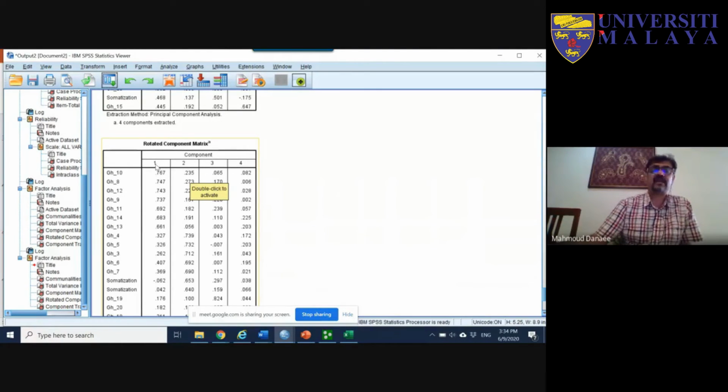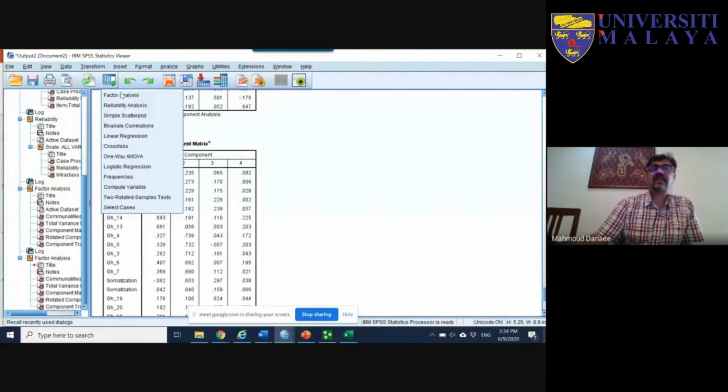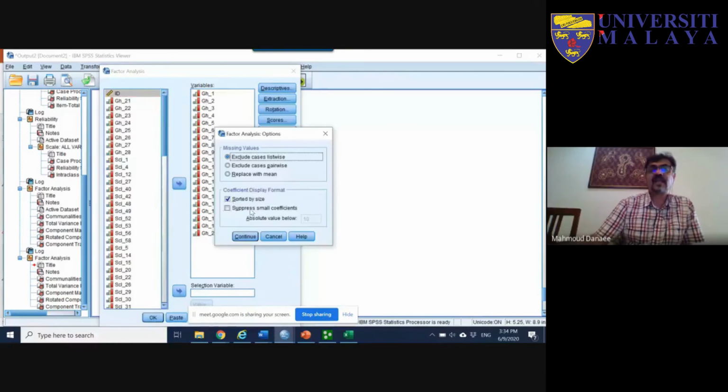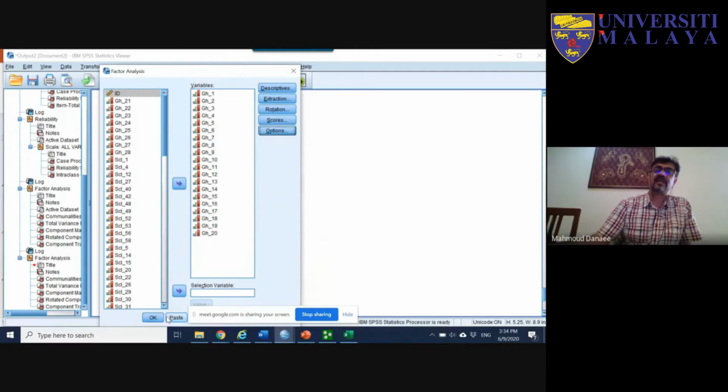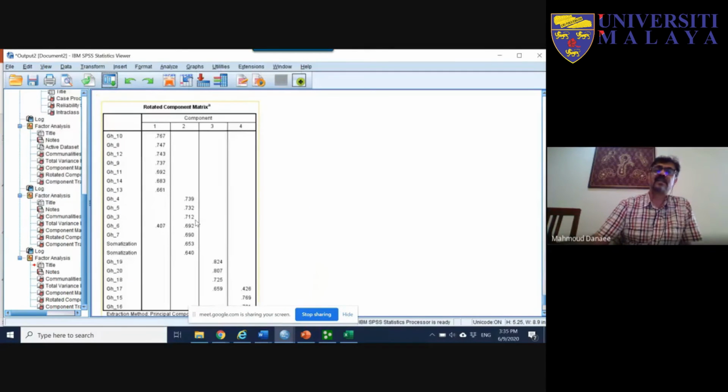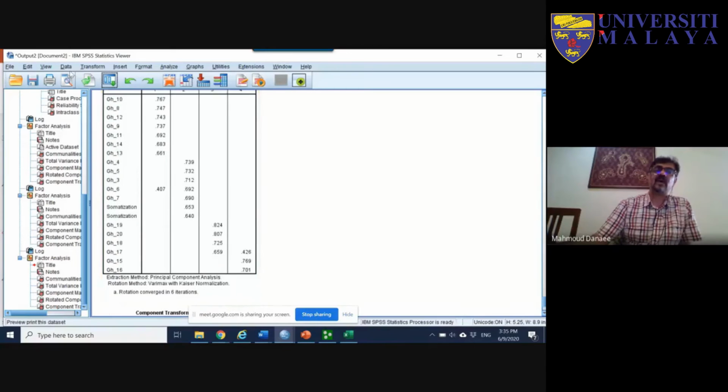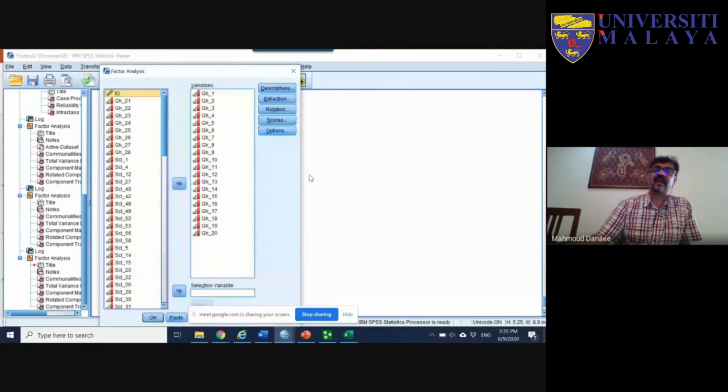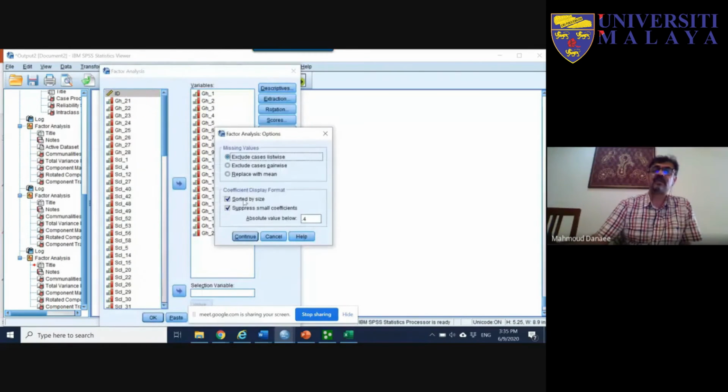This is called a factor. To make it clean, what I did under SPSS was select suppress small values less than 0.4. That is why when you do the analysis, you can see this clean table. Also, under factor analysis, I sorted by size.